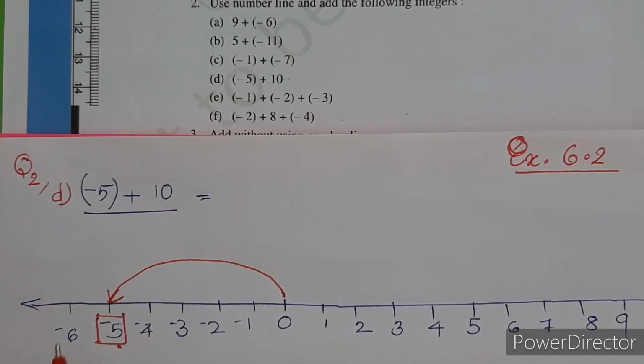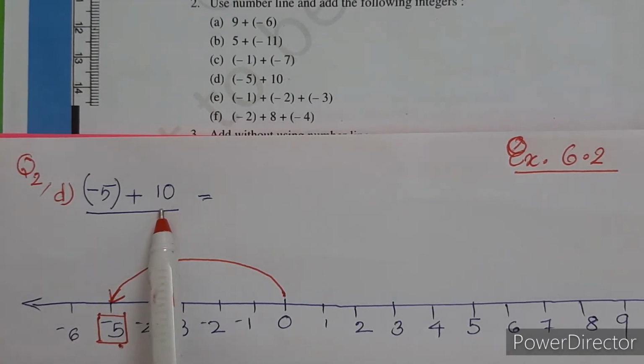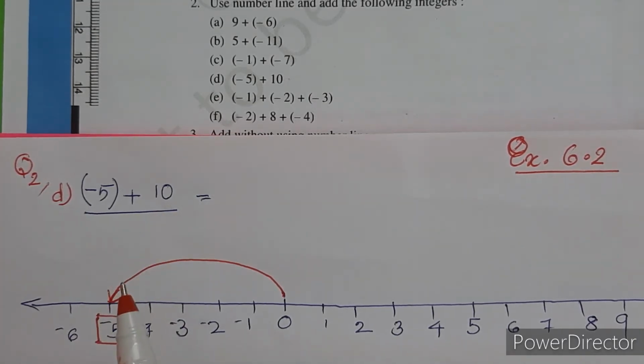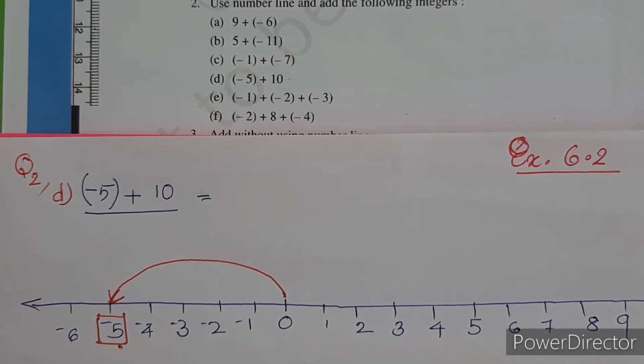So first of all, we can identify which kind of integer, that is a positive integer. So in the case of a number line, the positive integer is the number given in the question. So we can move in the right direction from the starting point of a number line.